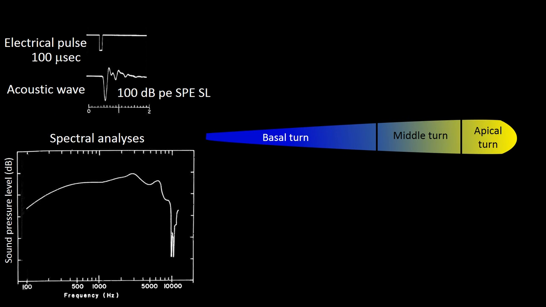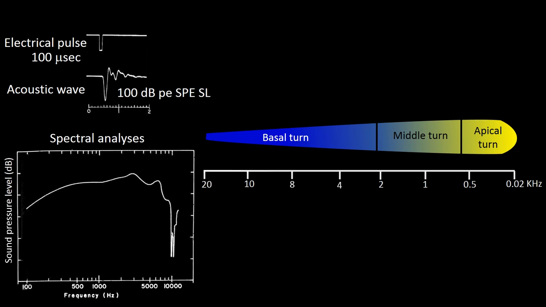This figure I have just added depicts a basilar membrane. In it, I am representing at one end the basal turn and on the opposite end the apical turn. Now I have added the frequencies corresponding to their place of detection in the basilar membrane of the cochlea.